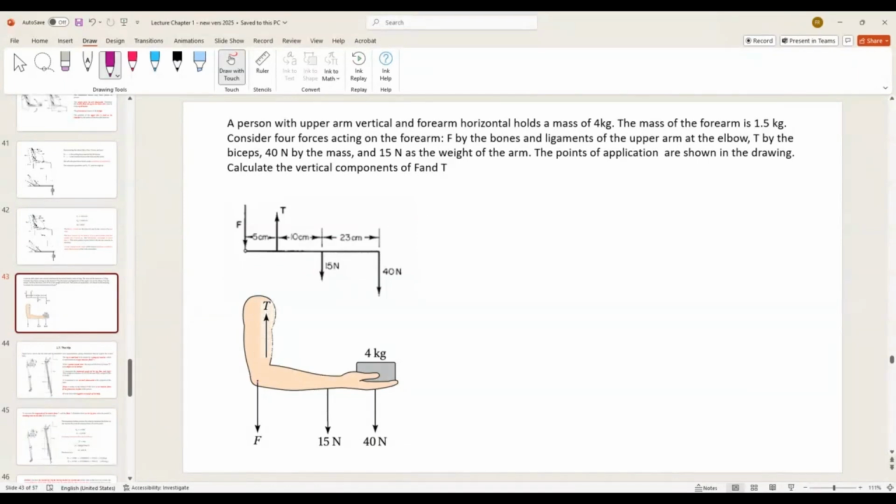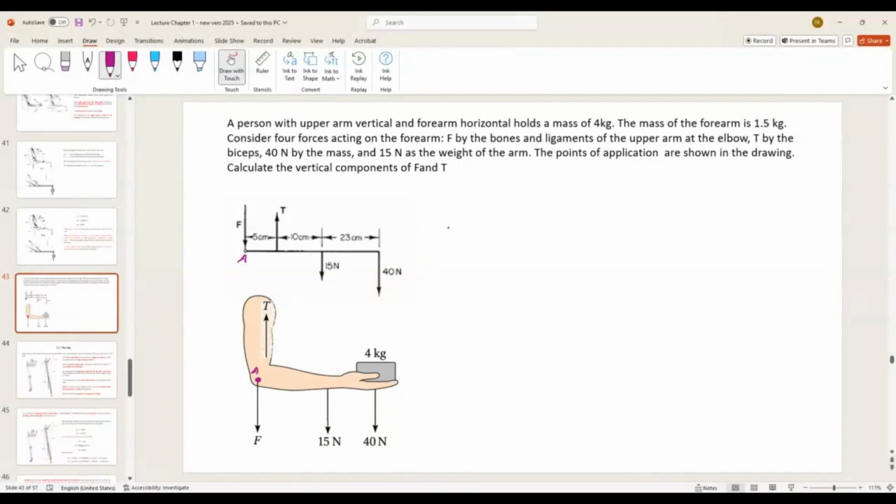And I will take the torque with respect to the point where the force of the bones is acting. I will call this point A. In my diagram, this point A is this point over here. So we will make the sum of the torque with respect to that point.